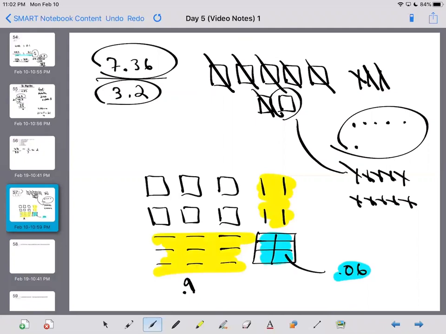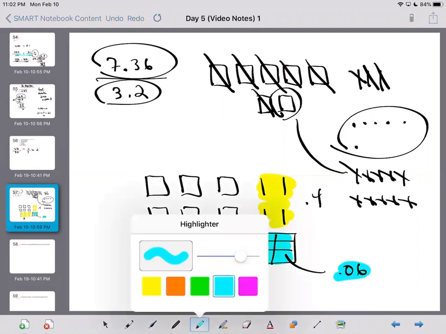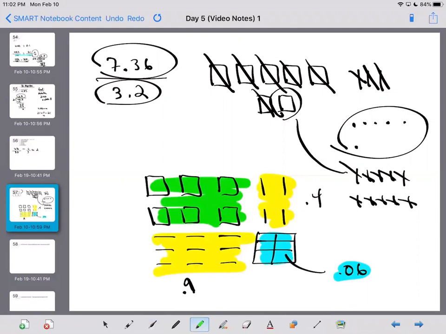And then here we've got 4 tenths. And then of course we've got our flats. So we're going to have 6 holes. And we've got 4 tenths. And then we've got 9 tenths. And then we've got 6 hundredths.